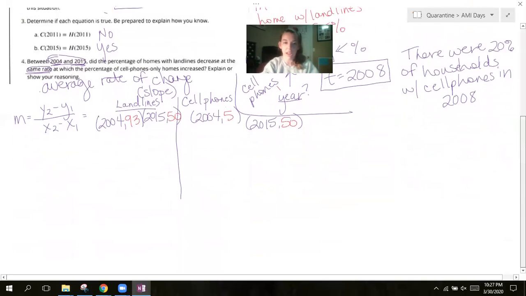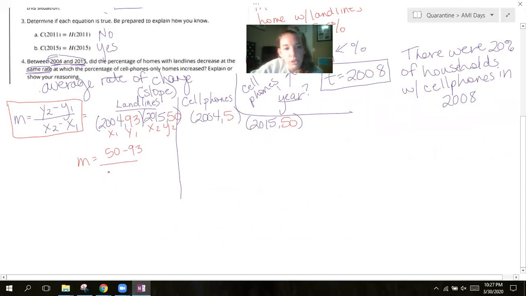Okay, so now let's find the slope of these. Again, I'm going to be using this formula. I'll do it for the first one: m equals, remember this is my x1 and my y1, this is my x2 and my y2. So I'm just going to plug all that into my equation. My y2 is 50 minus 93 over 2015 minus 2004.